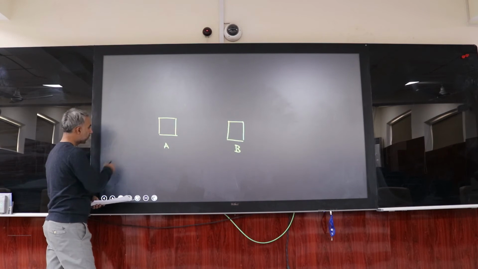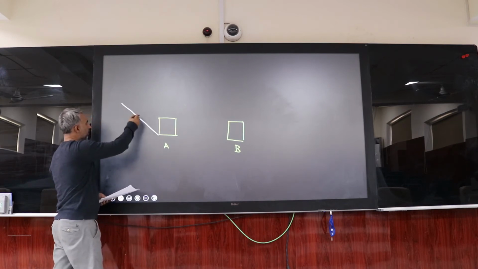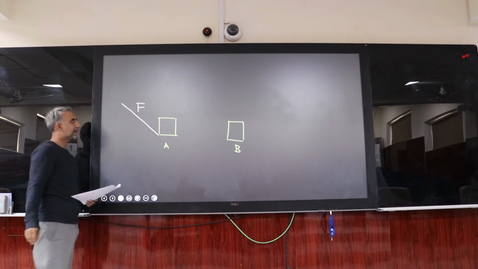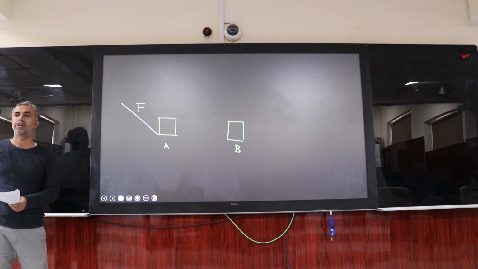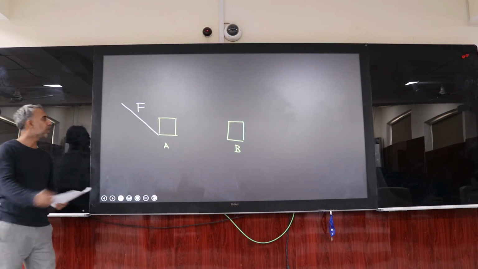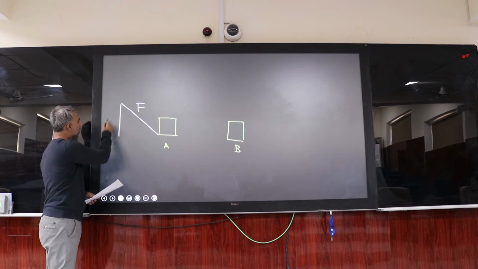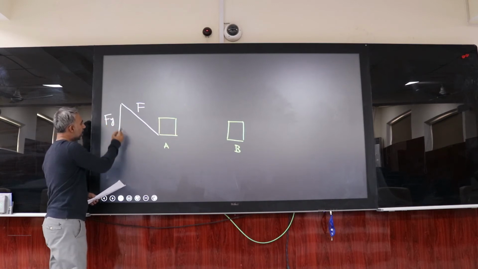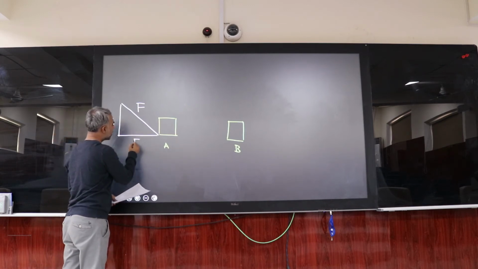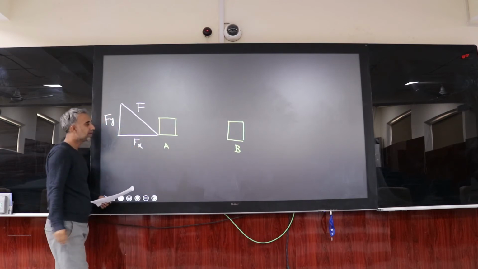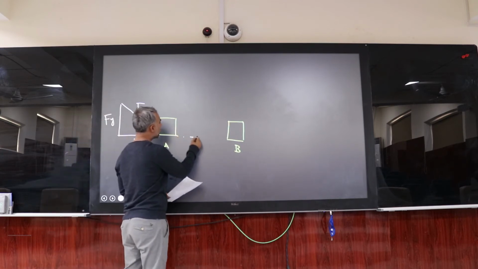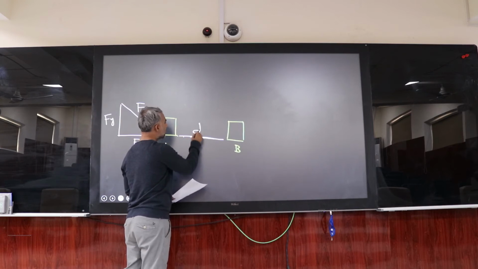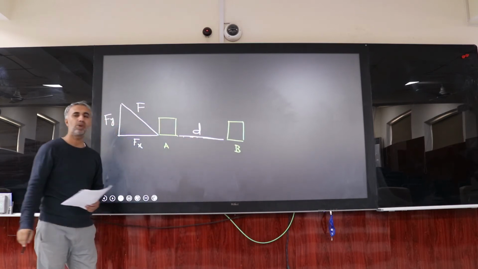This force can be decomposed into its components: one is the vertical component of the force, another is the horizontal component of the force. This distance covered is D, and your work done.